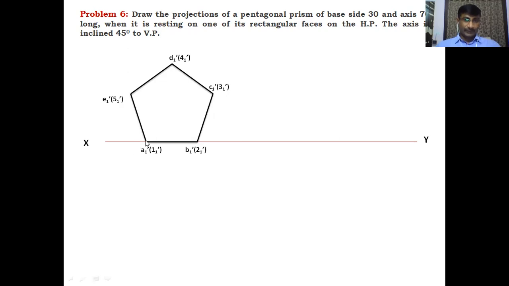Starting from this point, it is a1' (1'), similar to the previous case, and b1' (2'). In this lettering base is the visible base and numbering base is invisible, that's why I'm locating it in brackets. And c1' (3'), d1' (4'), e1' (5'). Totally 5 lettering base points and 5 numbering base points.